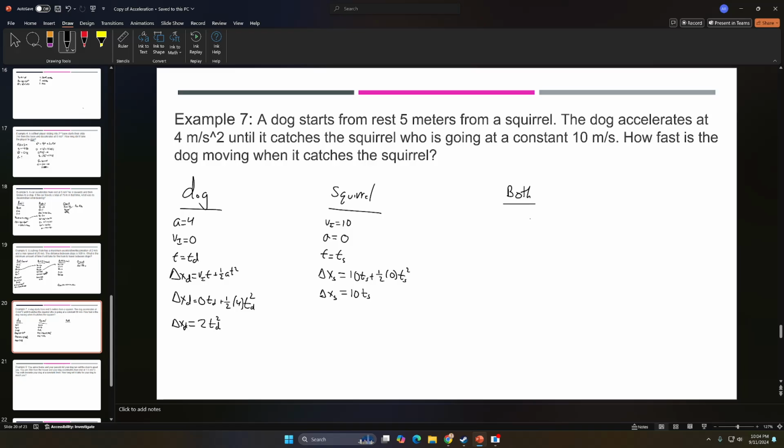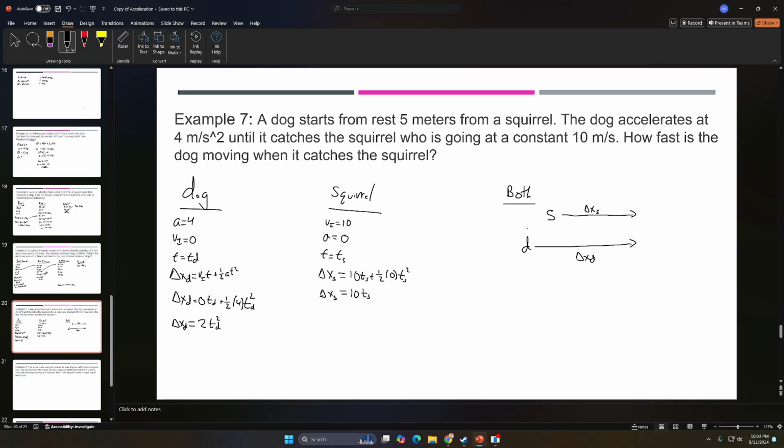What is happening here? What does it mean for a dog to catch a squirrel? Well, it might help for us to draw this, and I am not good at drawing squirrels or dogs, so I'm just going to use S for the squirrel and D for the dog. The squirrel runs to the right and the dog runs to the right. This is change in x for the dog. This is change in x for the squirrel.